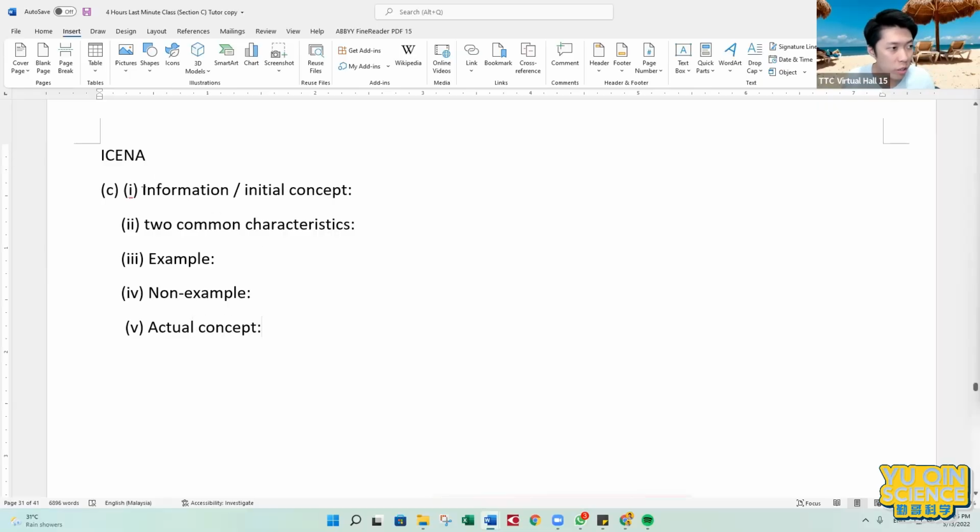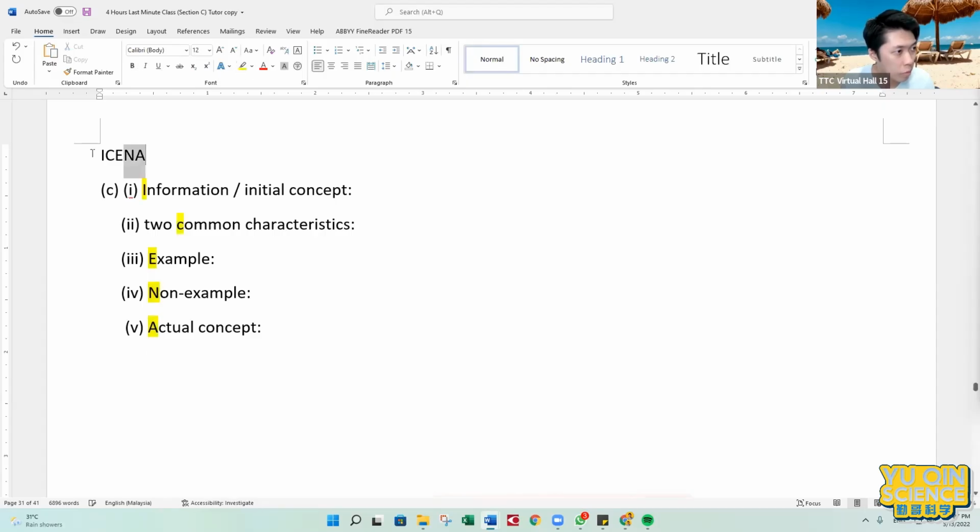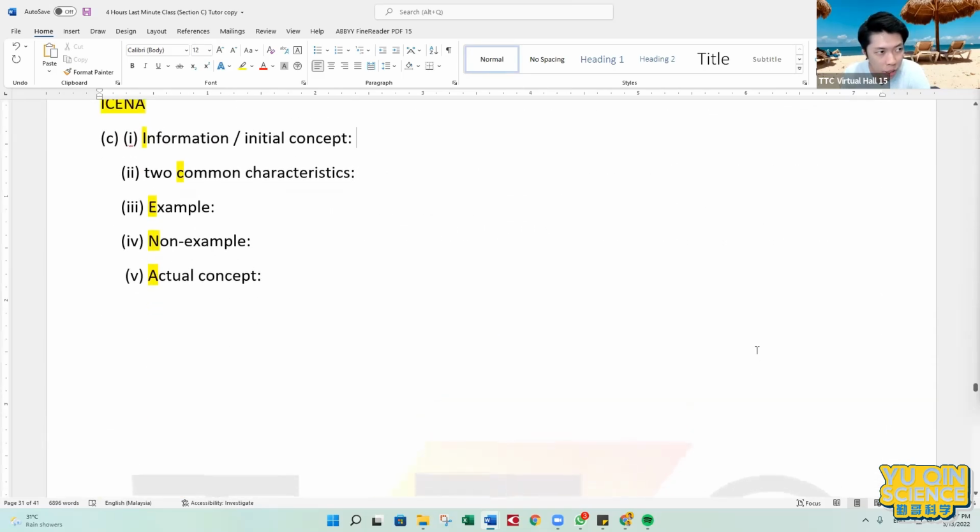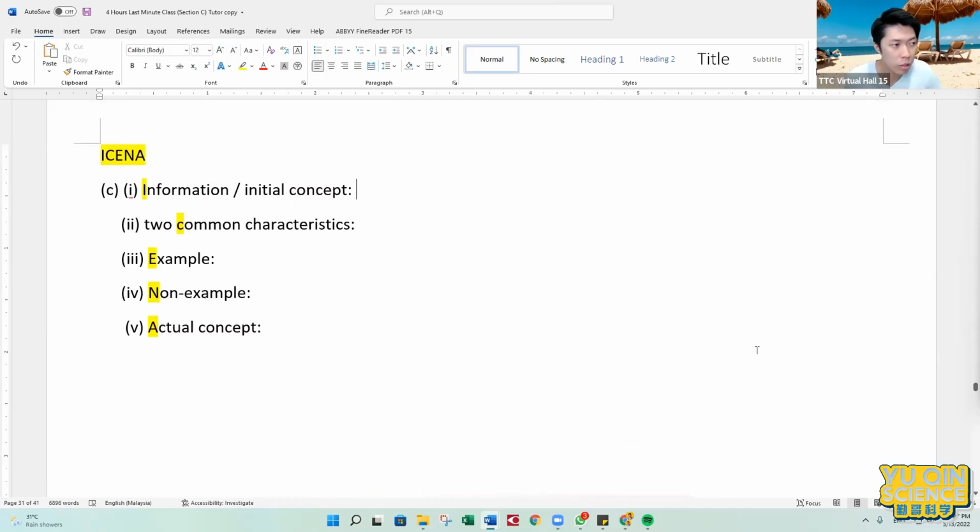So this is fixed: information, common characteristics, example, non-example and actual concept. Bam, ladies and gentlemen, this is the formatting. This is page 29, for section C.